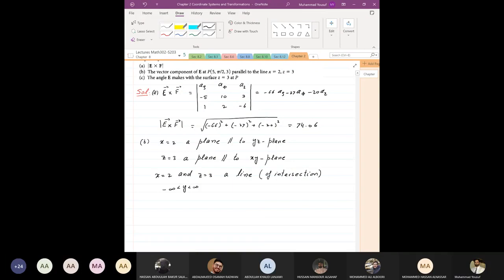Now, this vector E is equal to -5 a rho plus 10 a phi plus 3 a z.